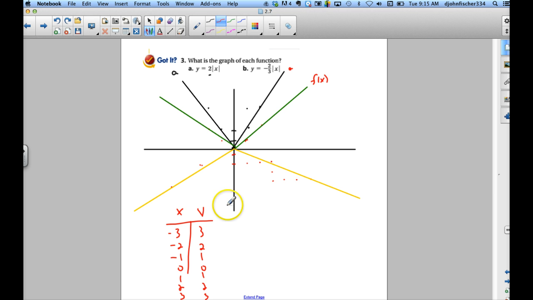So my y prime, my new y coordinates, instead of being at 3, we're going to be at 6. We're going to double these: 6, 4, 2, 0, 2, 4, and 6. And I would graph -3 and 6. I'd graph those as I go. And on the bottom, we'll do the same thing. We're going to multiply all the coordinates by -2/3 as you go through.